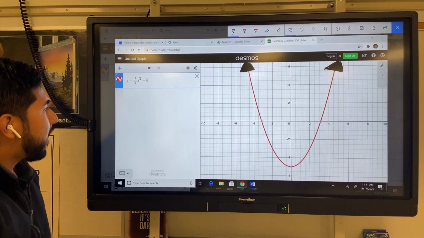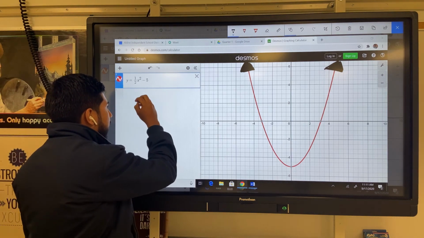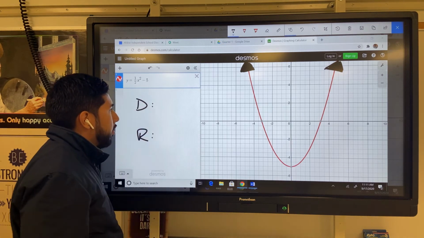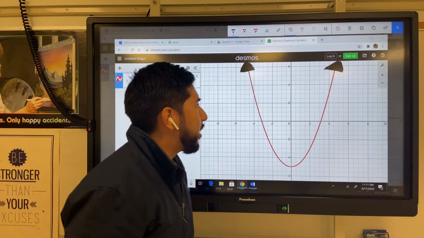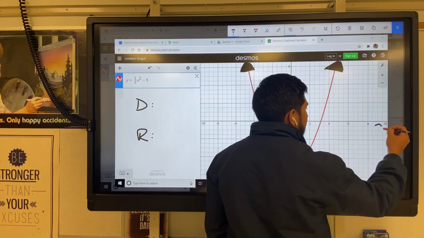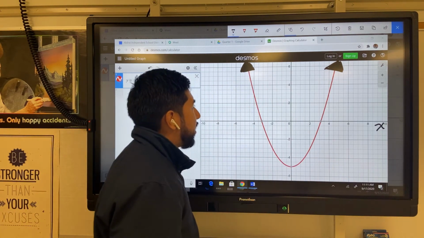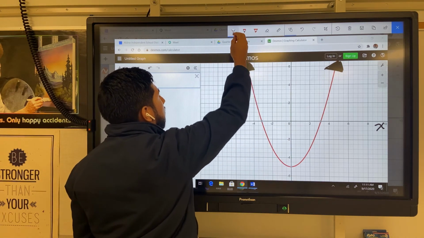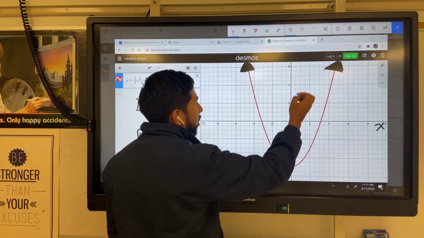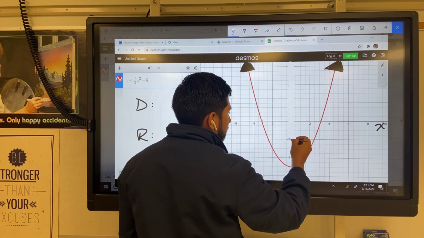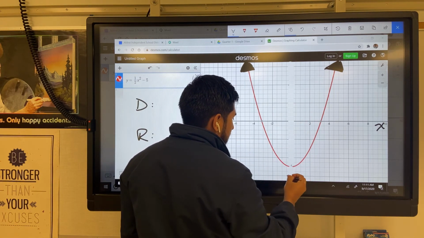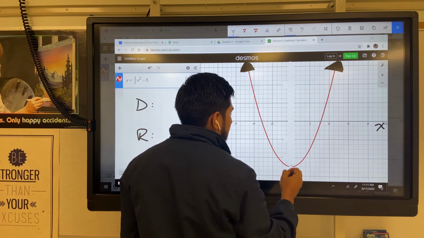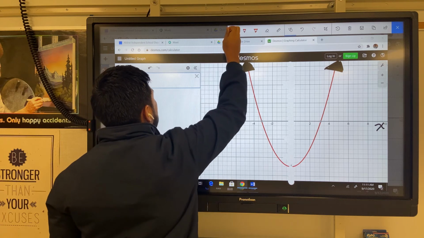Now, we decide what is the domain, what is the range. So domain is my x-axis. So if you want to put a little x, you can. Looking at my x-axis, just looking at these x numbers, I have two arrows.